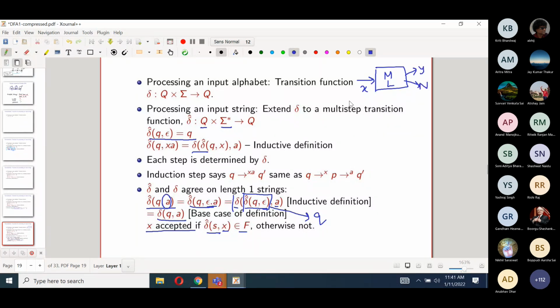But since the input strings come from a countably infinite set, in the simplest model that we have, we cannot directly represent what the machine is going to do on this entire string X. That's why we think of X as a sequence, and one by one at every time step we read a new input symbol, and then we process what the machine will do in the next step.